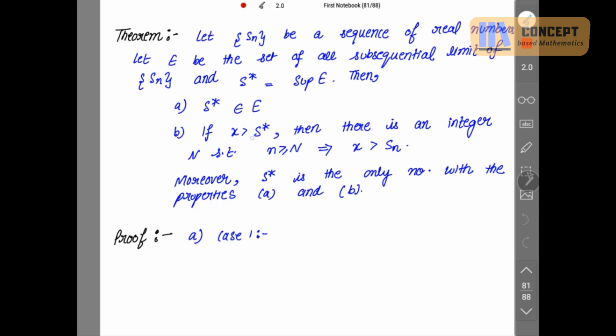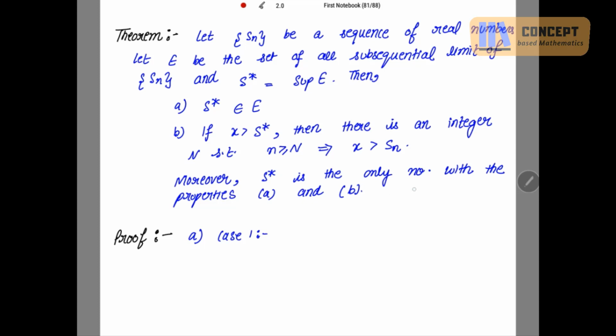So if x is strictly greater than the supremum of E, then x is also greater than the elements of the sequence itself, that is Sn.